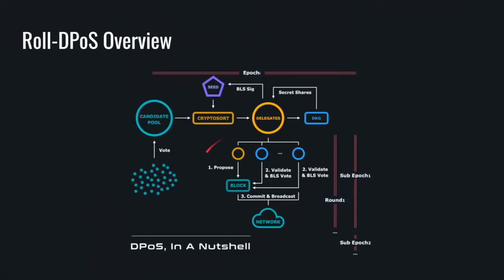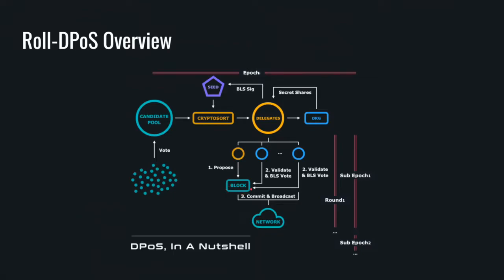In each block that is being produced, one of the delegates does the proposing, basically assembling all the transactions into one block, and all the other delegates in the same round, which are 23 delegates, validate and vote for the block.